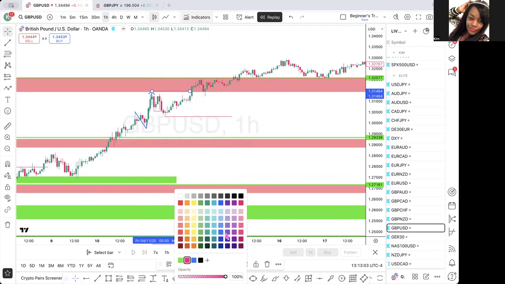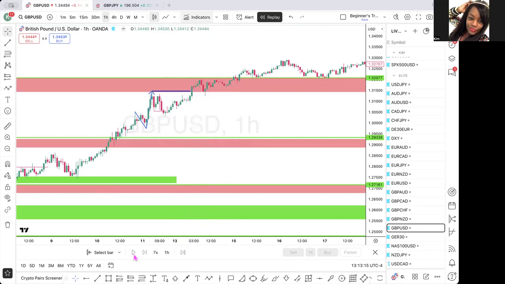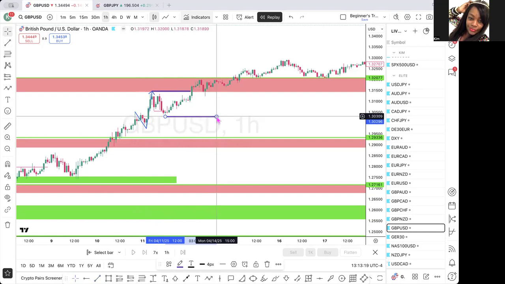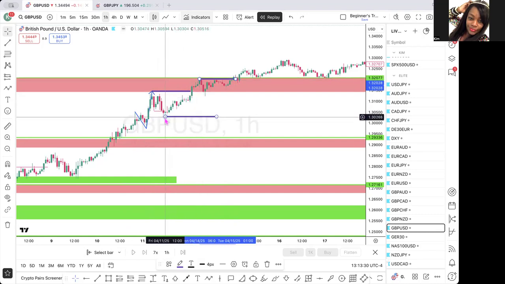Let me change the color. And the thickness. Okay. So now that's your structure. That's your swing low. This is your swing high. That's the structure until price breaks this low.